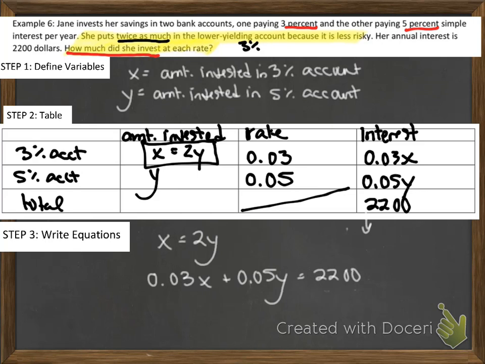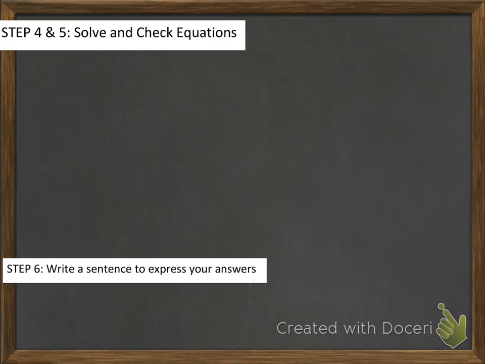Okay, so now we can use either substitution or elimination to solve them. So we have x equals 2y, and then we have 0.03x plus 0.05y equals 2200.